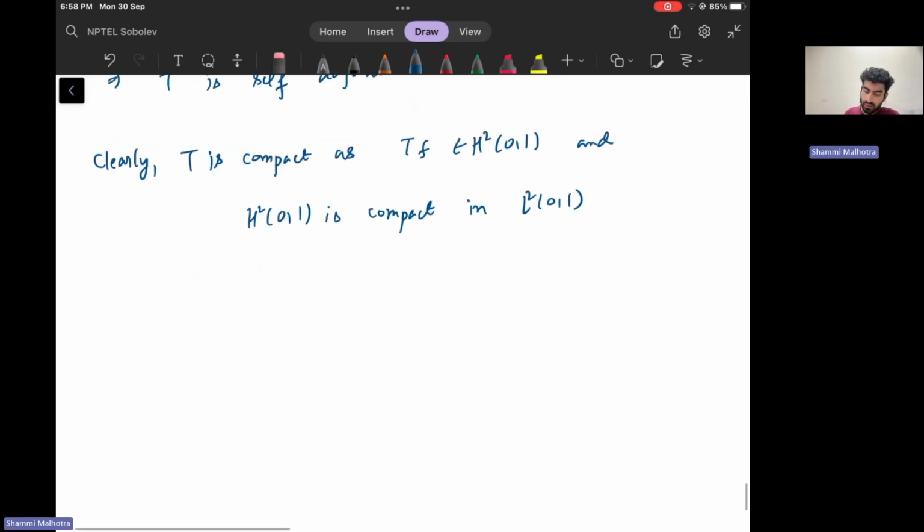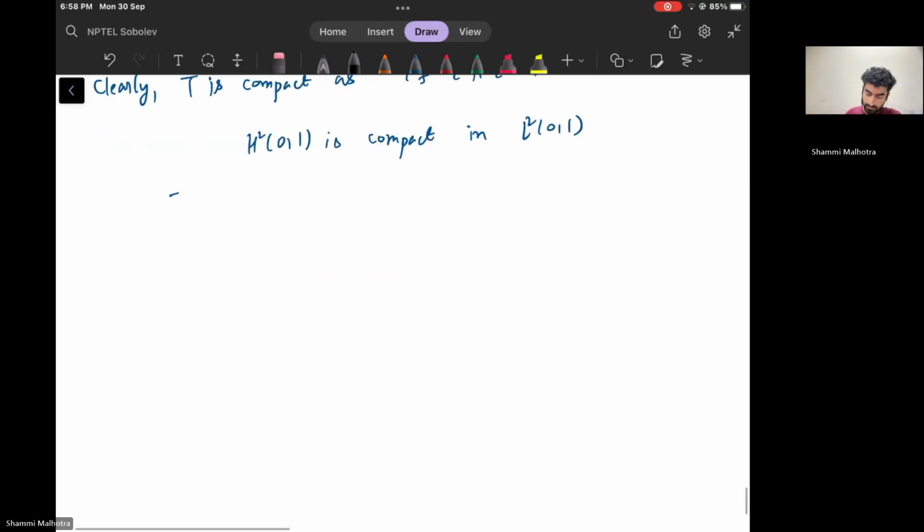So once that is there, we have this compactness. So I think we have done that. Finally, we have the next part, part 5.